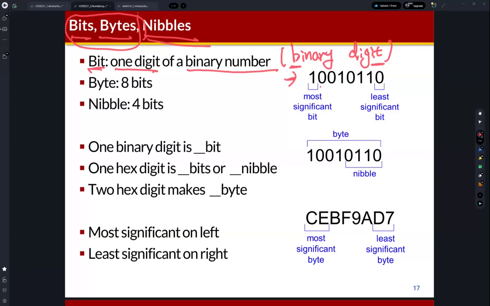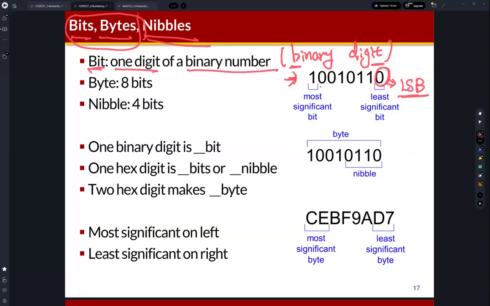A bit represents one digit of a binary number, and we frequently use bits for representing the magnitude, or size, of data. There are many bits in this number, 8 bits, and the last bit is called the least significant bit, abbreviated LSB.